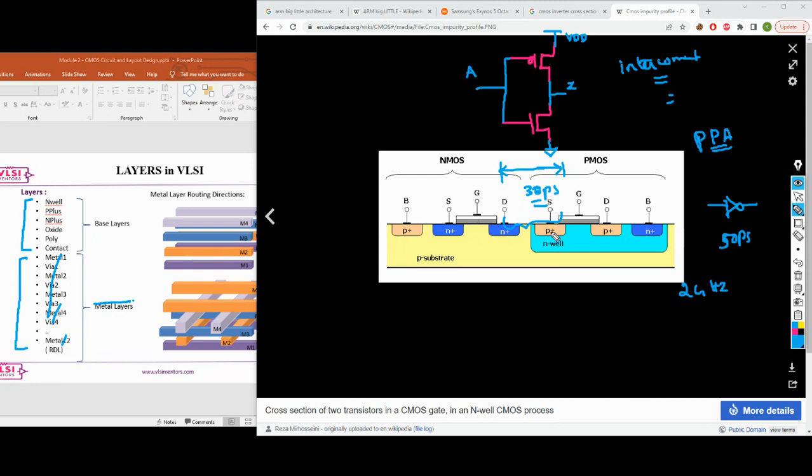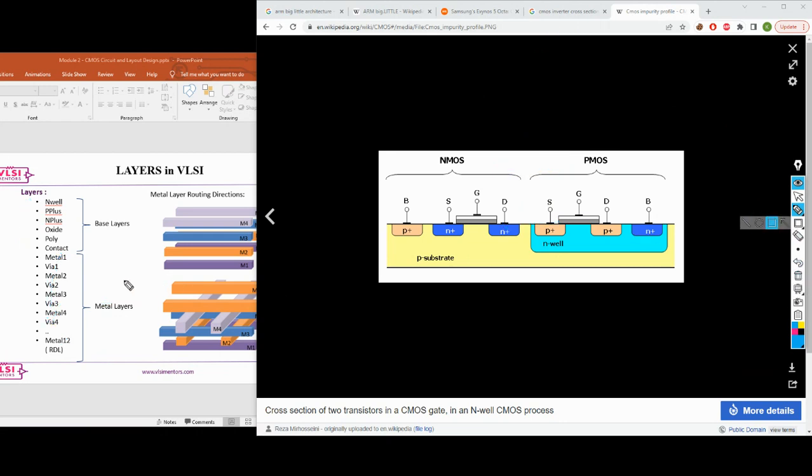Now the food for thought is, you have different metal layers. Metal one is close to the substrate. Remember, metal one is going to be close to the substrate. The higher the metal, the farther away they are. Say M10 is going to be far away. M1 is going to be closer to the substrate.